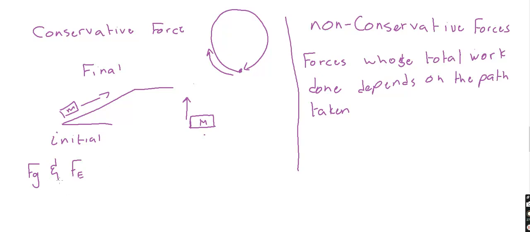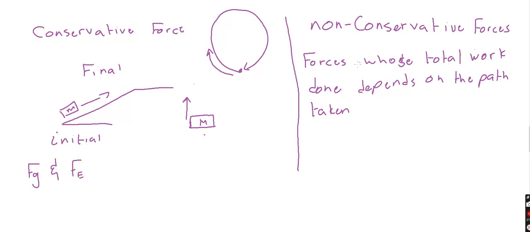So the force of gravity specifically will say that the work done by gravity in moving from the bottom to the top through the incline is the same as the work done by moving from the bottom to the top vertically upwards. That is because it's conservative.